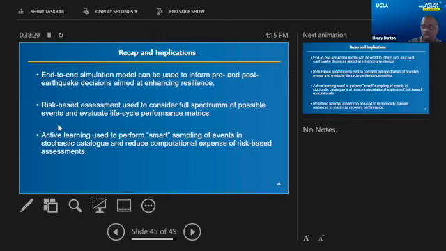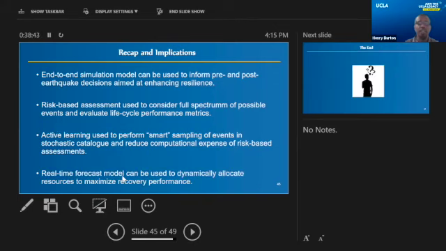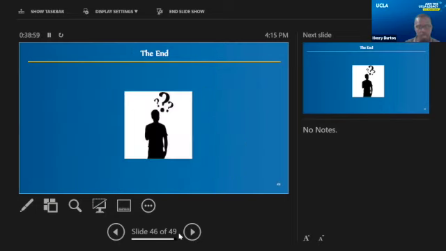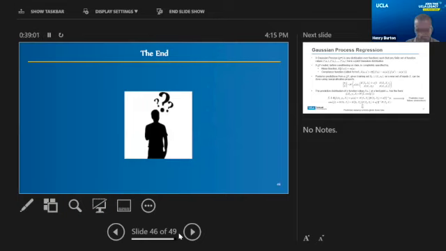We can adaptively select a subset of events such that we get a final distribution that well approximates what you would get with the full set of events. Finally, we looked at a real-time forecast model where we can update our recovery trajectories as we move forward in time and collect information about the damage and the recovery. And with that, I will open up the floor for questions.